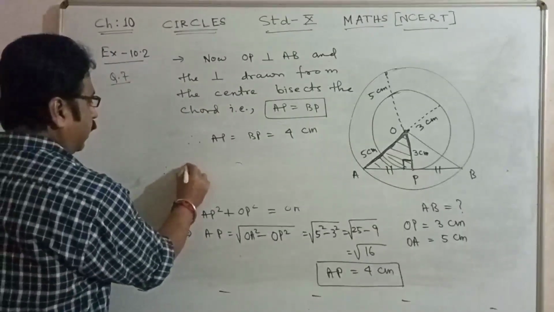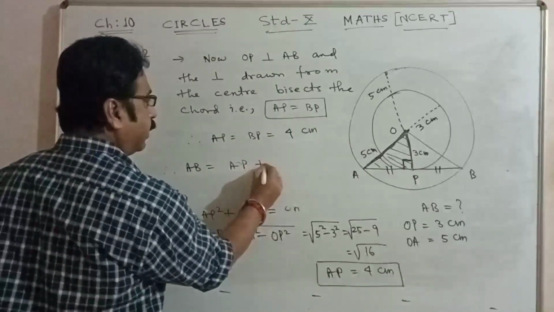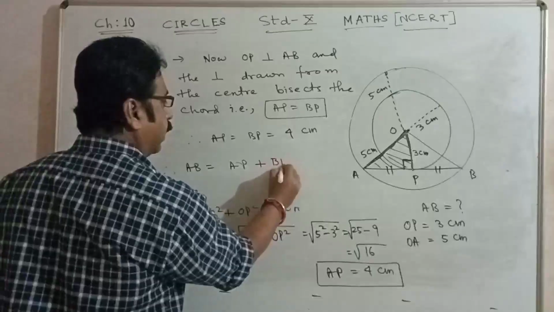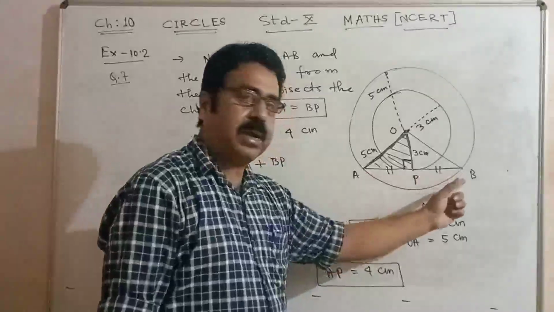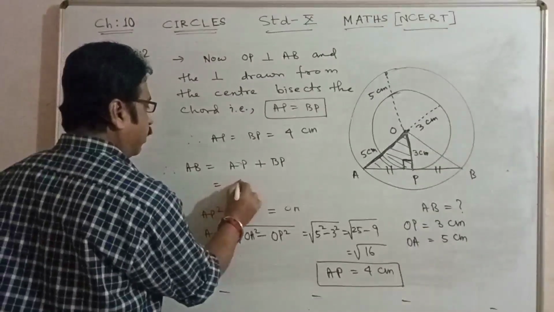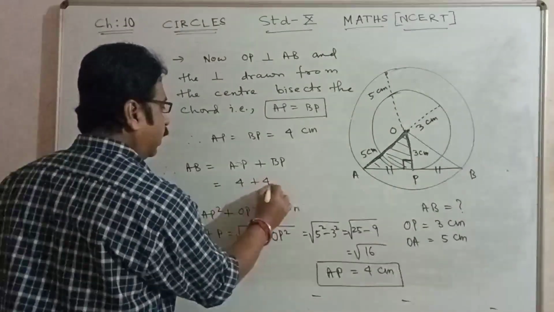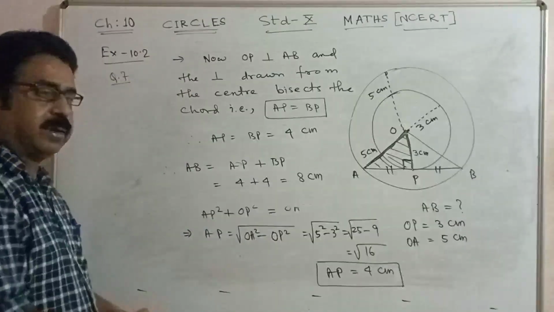Therefore, AB equals AP plus BP. AB equals 4 plus 4 equals 8 centimeter.